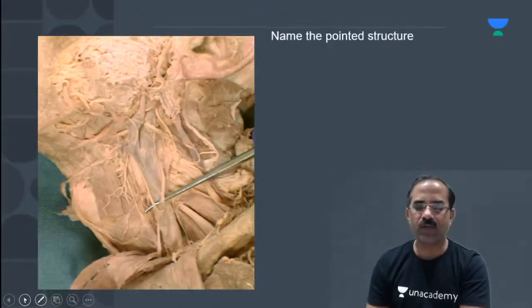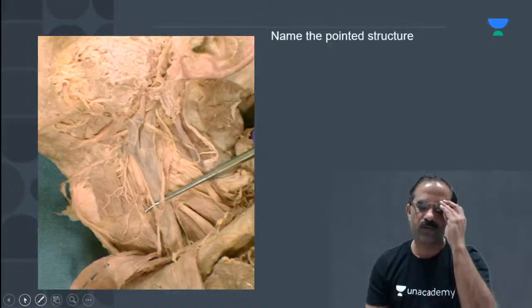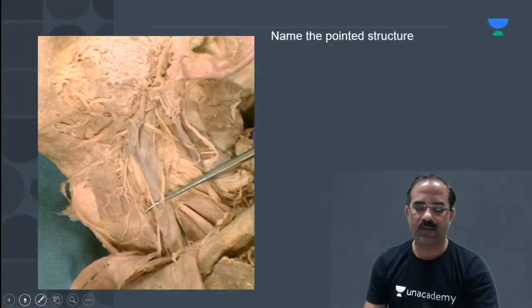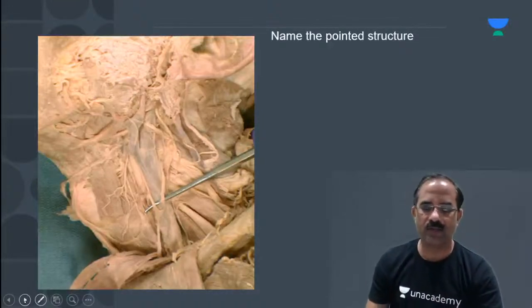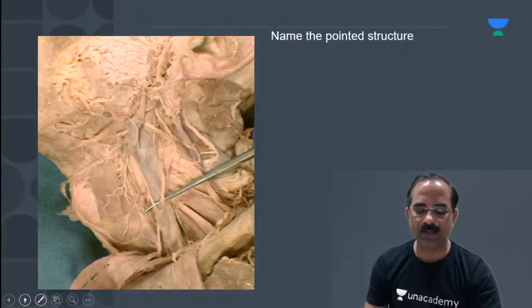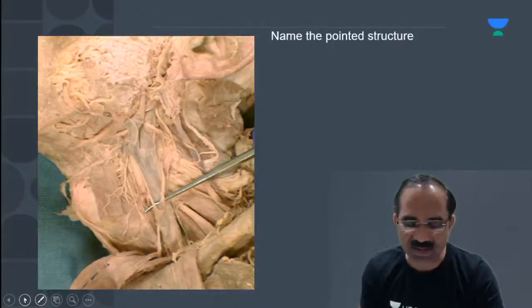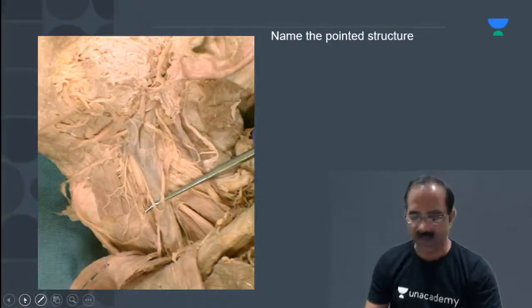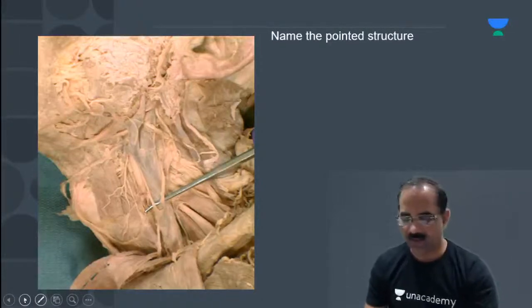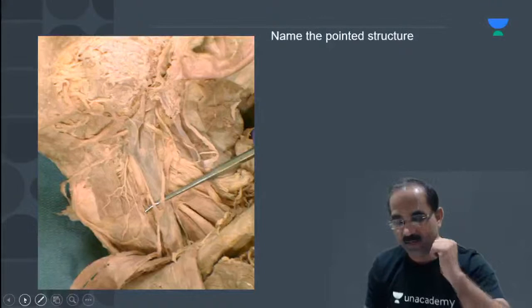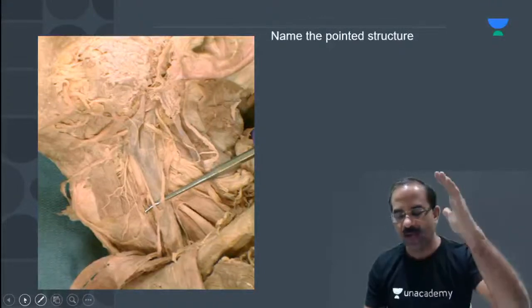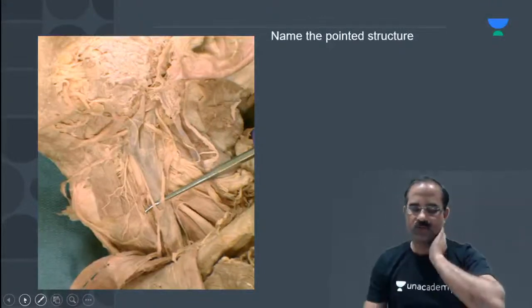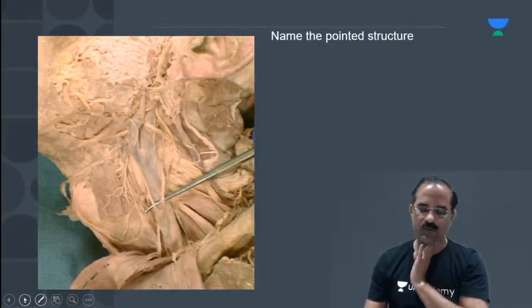I think I've already told you in the previous classes. Ansa cervicalis, you got this, Ajit. And this ansa cervicalis lies on what? It lies on the anterior wall of the carotid sheath.